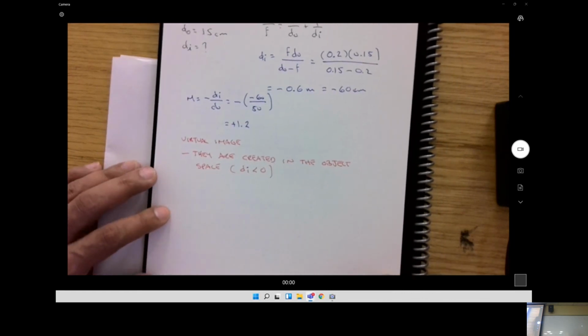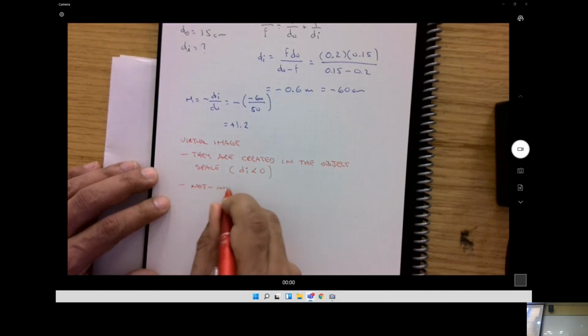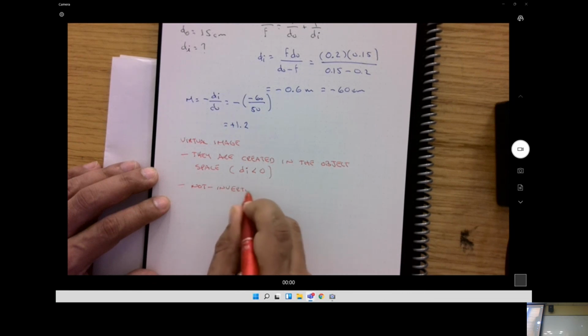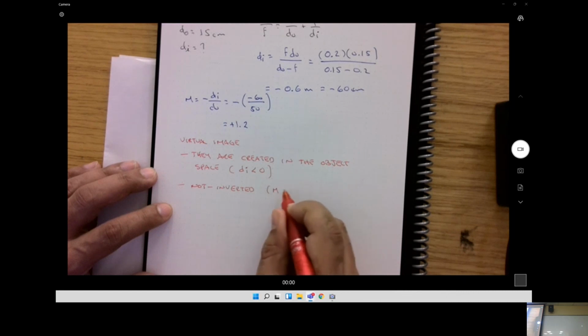So the distance to the image is going to be less than 0. They are not going to be inverted. So the magnification is going to be positive.